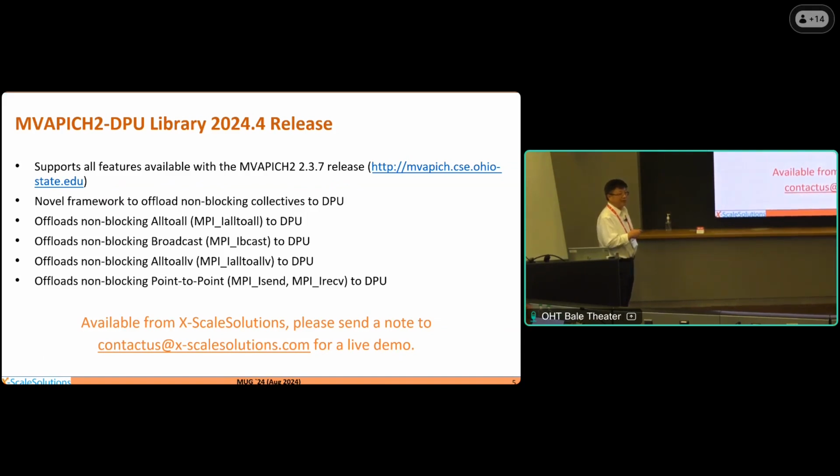We emphasize non-blocking because that gives us the best opportunity to do the offloading, so that it can operate in an overlapped fashion with computation, where you potentially use the CPU or GPU, depending on whatever you use, while allowing the DPU to do the communication-related work. Currently, the library is able to offload all-to-all, broadcast, all-to-all-v, all-gather, as well as point-to-point blocking and non-blocking, though we emphasize non-blocking here as well.